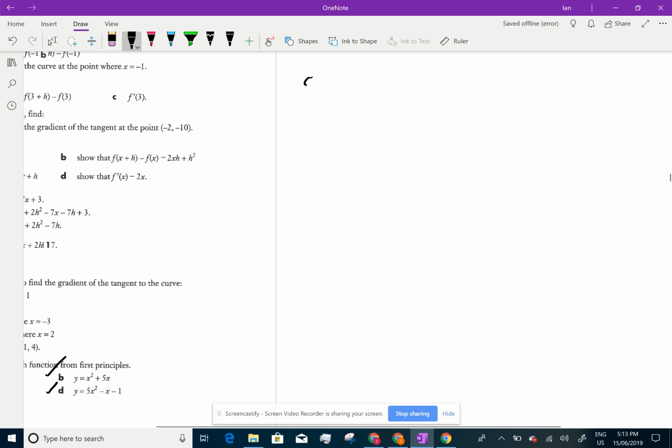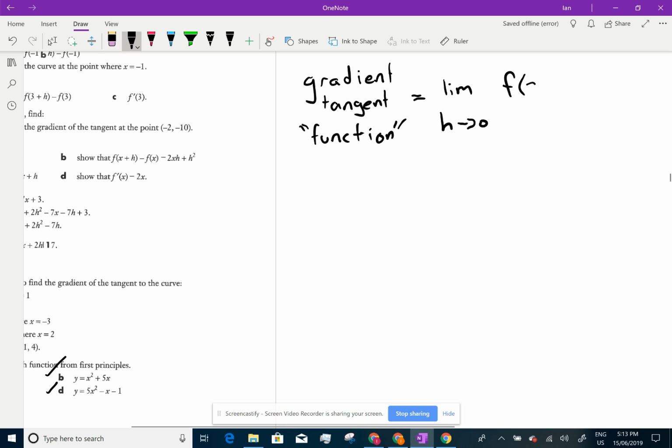The gradient of the tangent, or indeed the gradient function, equals the limit of the secant that we could get. So the limit as h approaches 0 of f of x plus h minus f of x over h.